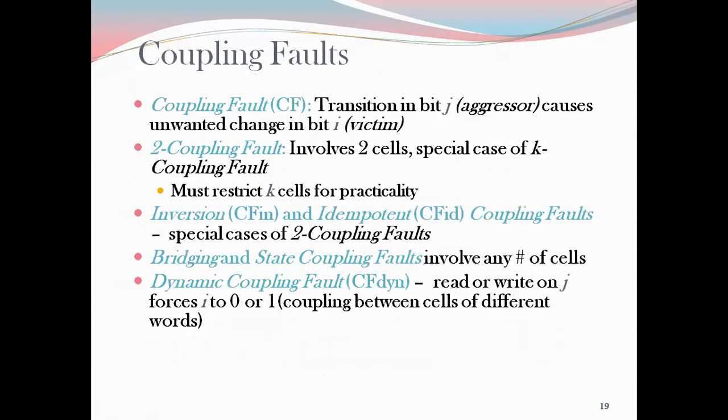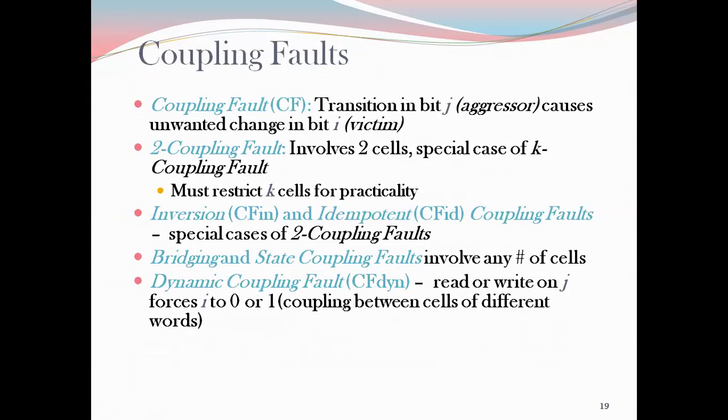Then we come to coupling faults. Though we have already spoken about types of coupling faults, just a brief differentiation of the coupling fault types. It can be a coupling fault between two cells, where one cell is the aggressor and the other is the victim. The cell which is changing its value on its own is the aggressor, and the aggressor is forcing its changed value to change the value of another cell in the neighborhood unwantedly.